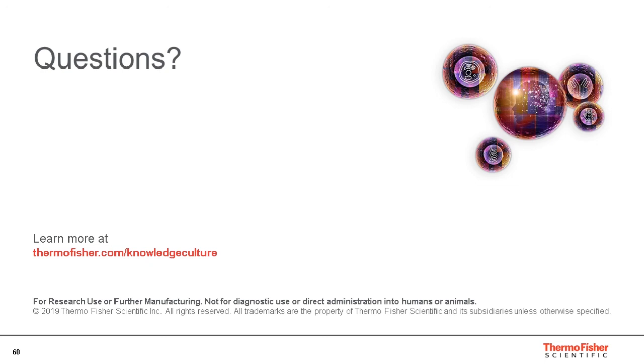I just want to give a quick word about the poll answers. I don't know, Céline, if you want to comment on the poll results briefly. Yes, sure. So what is your main challenge regarding serum use in cell culture?